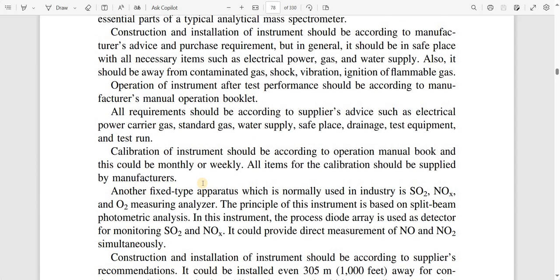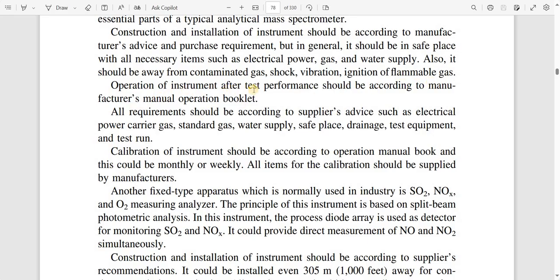Construction and installation of instruments should be according to manufacturer advice and purchase requirements, but in general it should be in a safe place with all necessary items such as electrical power, gas and water supply. Also, it should be away from contaminated gas, shocks, vibration, and ignition of inflammable gas.